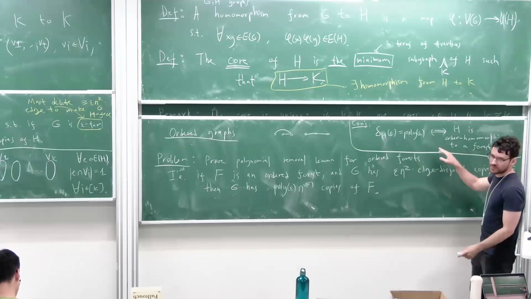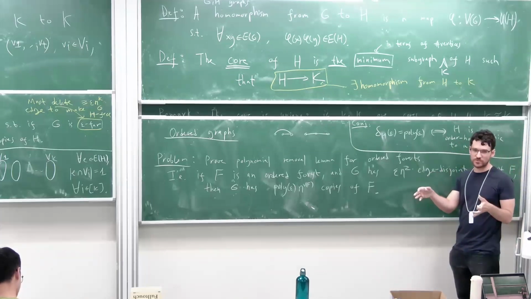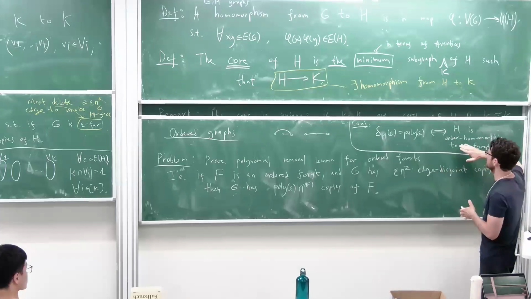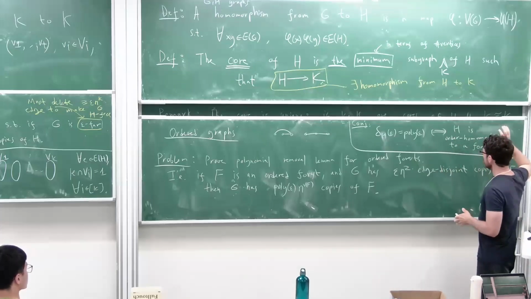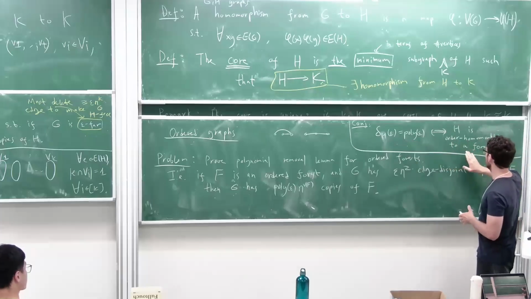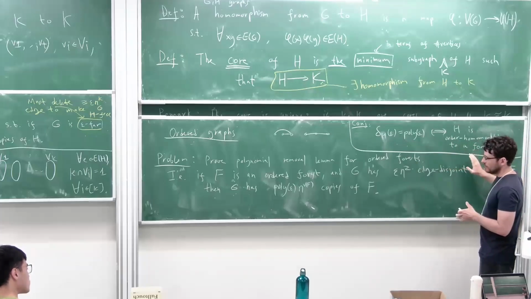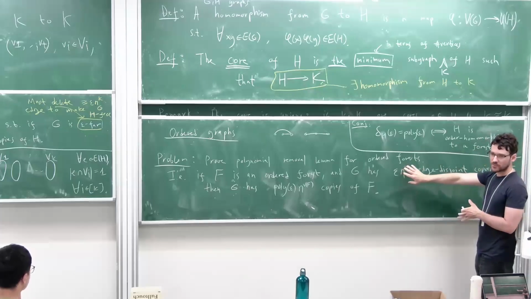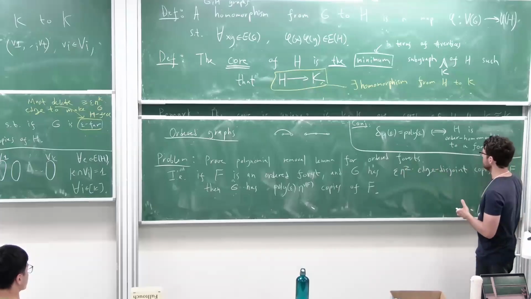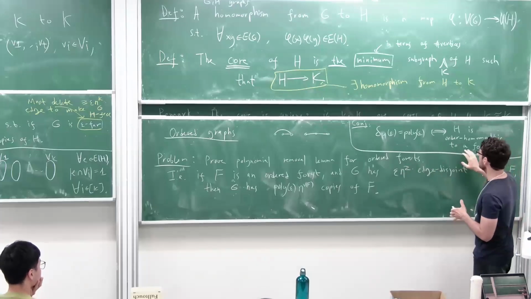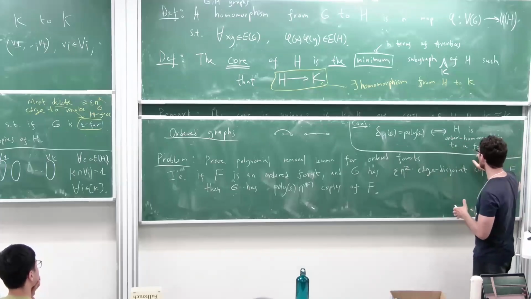Briefly, order homomorphic means that there is a homomorphism that also preserves the order. It's not really important, I just want to give you the full picture. So our conjecture is that it is polynomial if and only if H is order homomorphic to a forest. To prove this conjecture, you just have to prove this statement, which would imply the direction where H is order homomorphic to a forest.